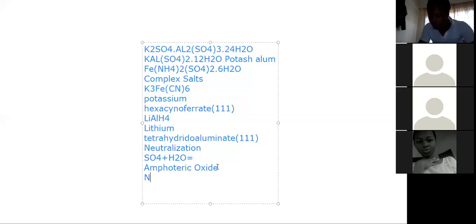Fe3O4 is a combination of FeO and Fe2O3. The combination of the two will give you Fe3O4. And its name is iron(II) diiron(III) oxide.